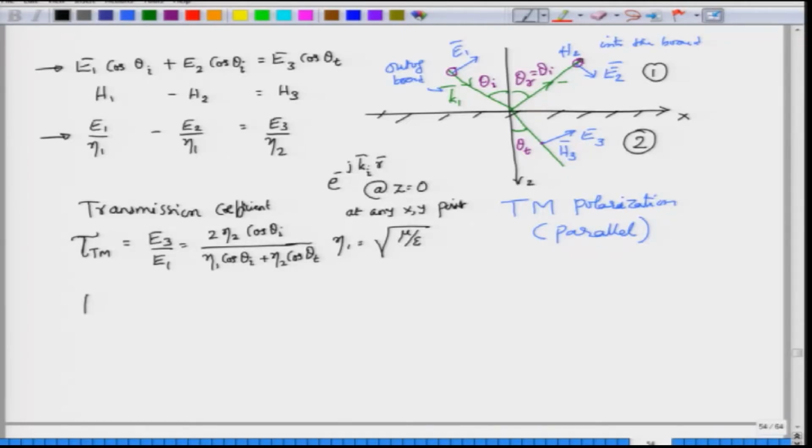Okay. Now, you can also show that the reflection coefficient, which is the ratio of E2 to E1, can be written as E2 by E3 times E3 by E1, and this particular thing we already know.